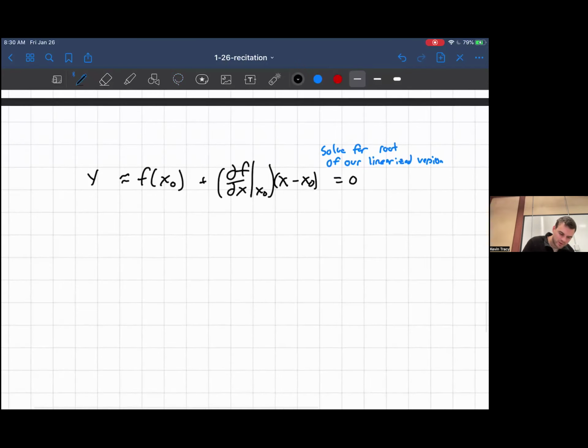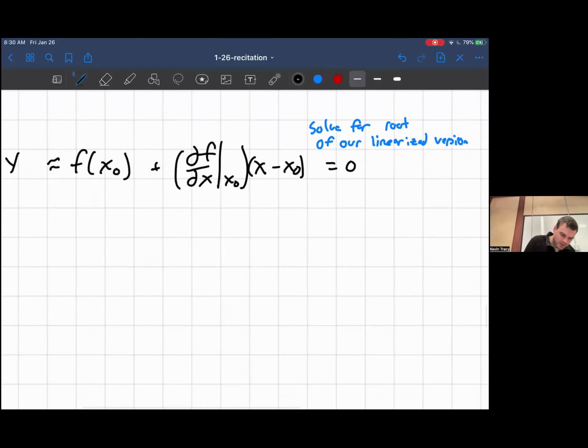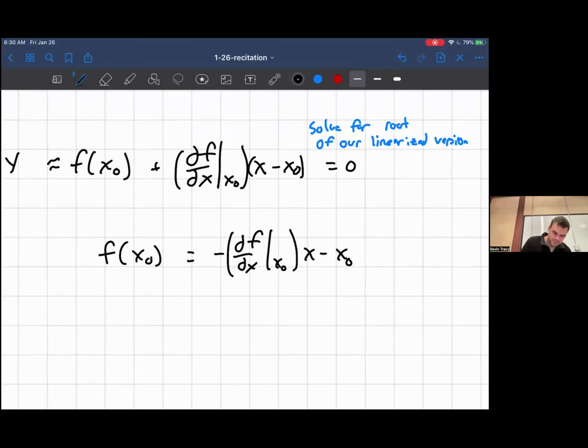So if I have this right here, I want to solve for when this equals 0. What I can do is f(x0) equals negative df/dx at x0 times (x minus x0).